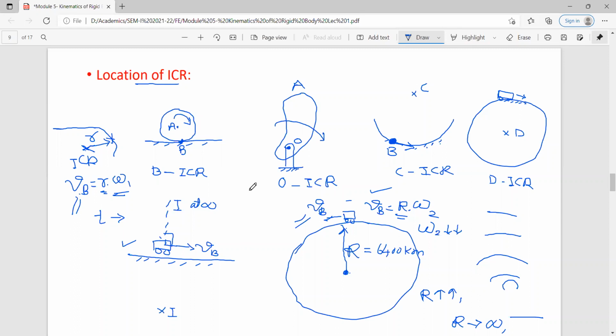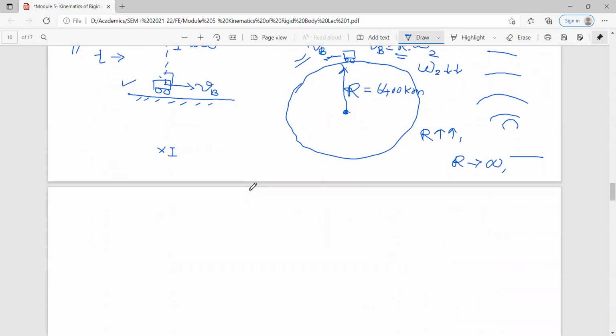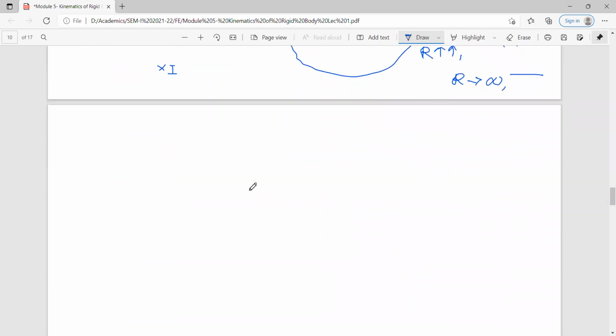So now let us see how much you got acquainted with the concept of ICR. Let us see whether you can answer it or not. There is a certain body, a certain object, of some geometrical shape.